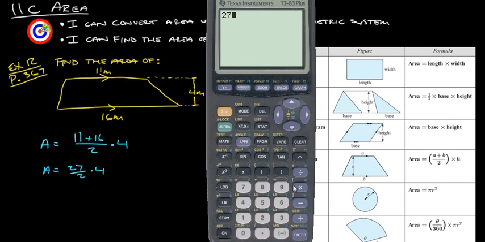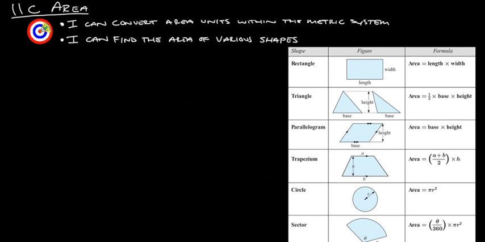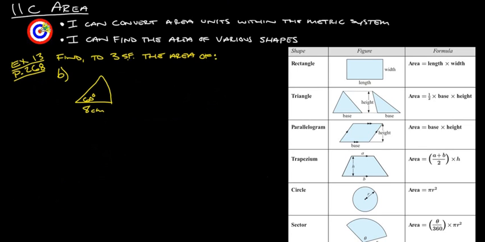So 27 divided by 2 multiplied by 4 gives us that the area is 54. So area equals 54, and this is meters, so it'd be meters squared.